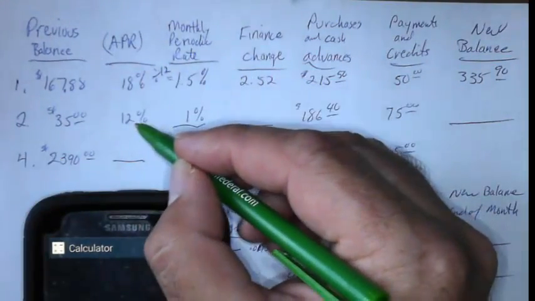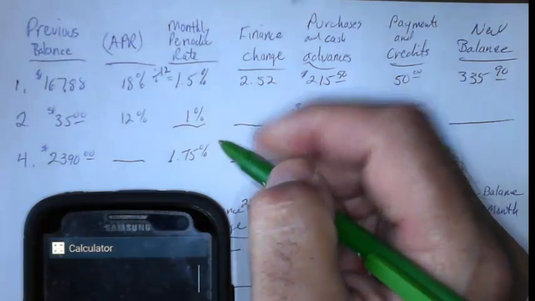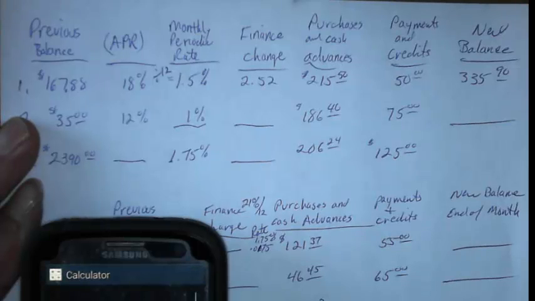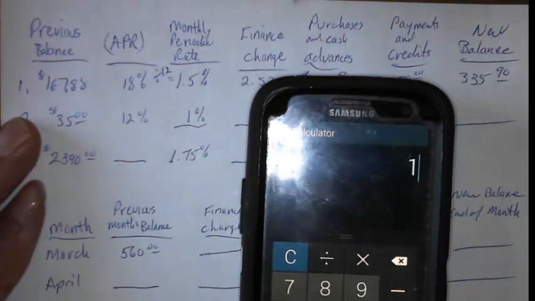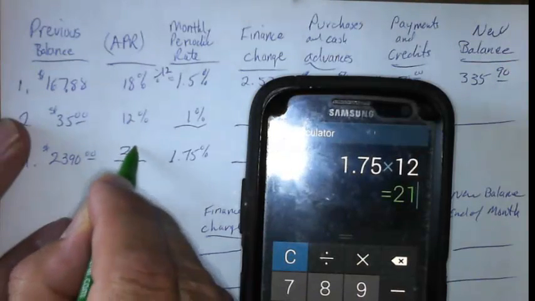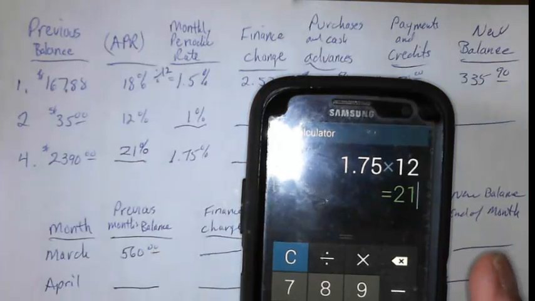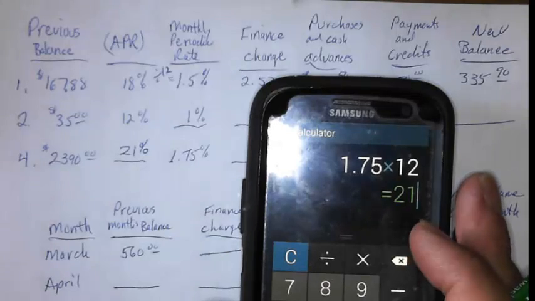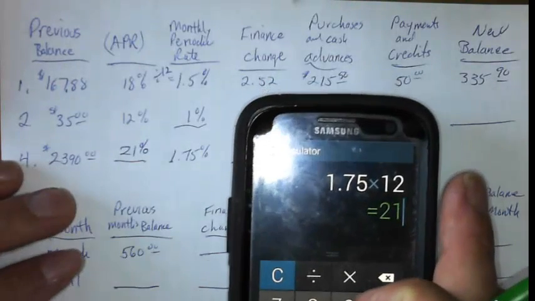So 12 divided by 12 is 1. Okay, and then for number 4, we can just do all these at once since we're talking about that. If we have 1.75 as our monthly, we just do it in reverse to get 21% for number 4 for the APR. So it's just either multiplying or dividing by 12 depending on what they're asking for in the question.